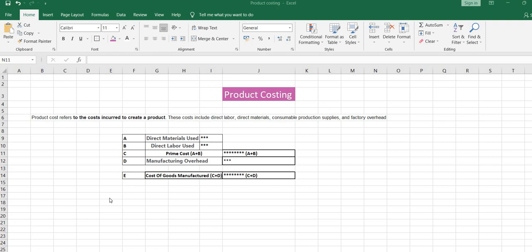The factory overhead can be anything like electricity, machinery expenses, depreciation. All these things cumulatively form a price. All the different costs incurred while creating the product are summed up together, and that is termed the product costing.